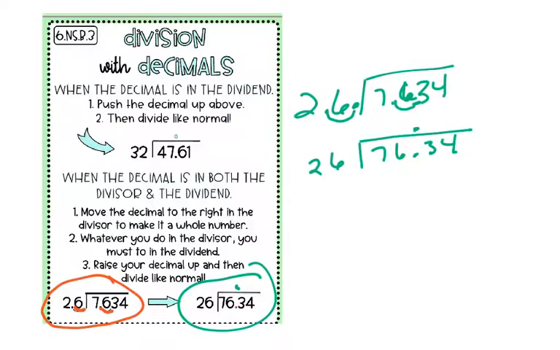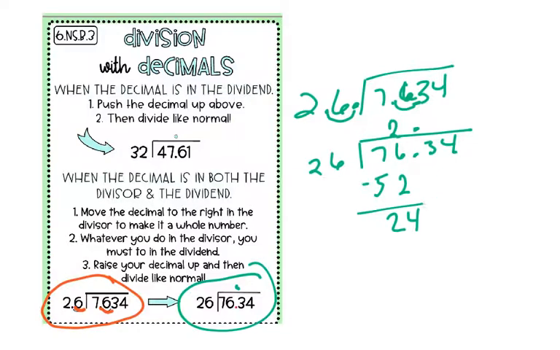So 3 is going to be too big. We must start with 2. So 2 times 6 is 12. I'm going to regroup. 2 times 2 is 4 plus 1 is 5. I'm going to subtract. 6 minus 2 is 4. 7 minus 5 is 2. There we have it. 24 is smaller than 26. There's my check. I can keep going.